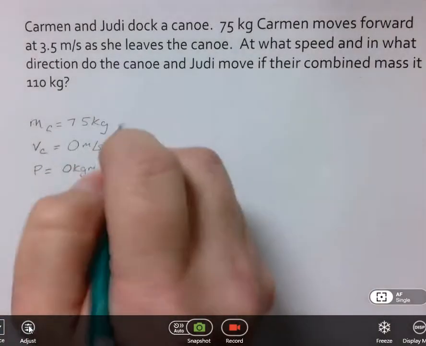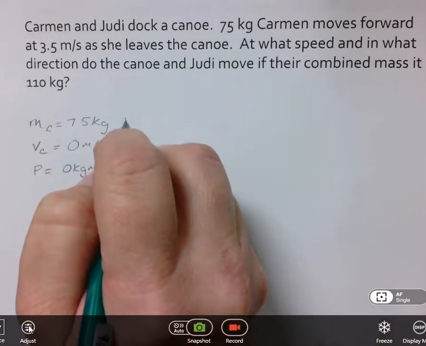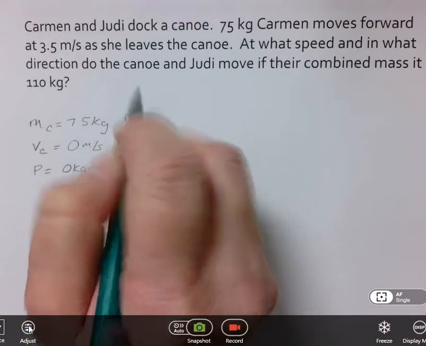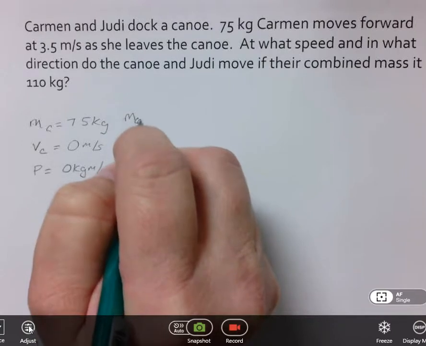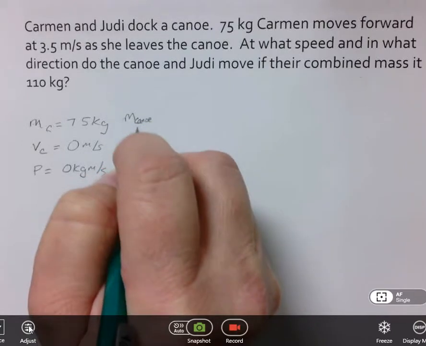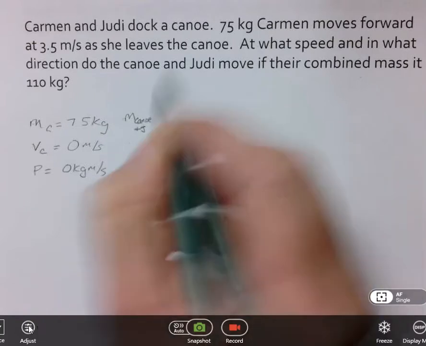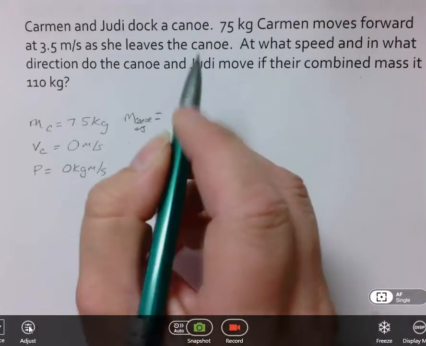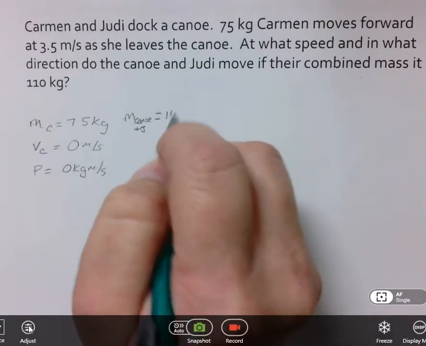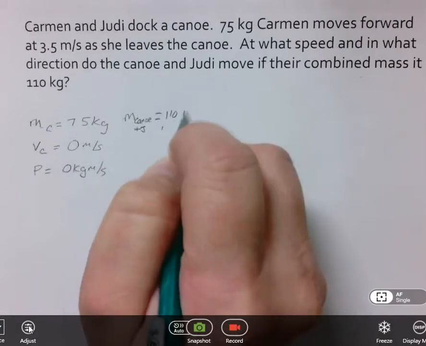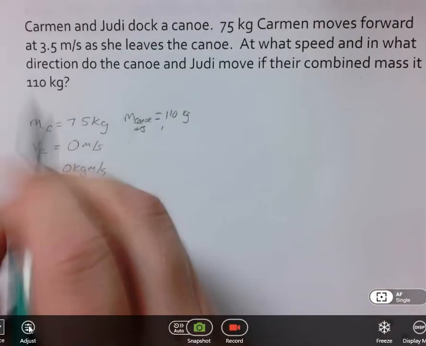Okay, so then we have the canoe and Judy equals 110 kilograms. This is all our before.